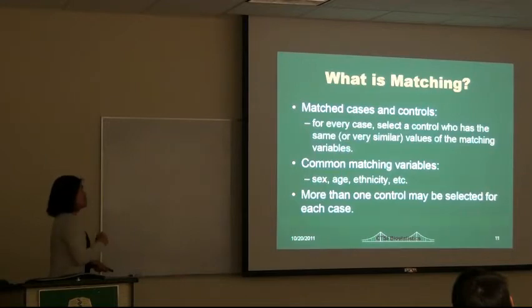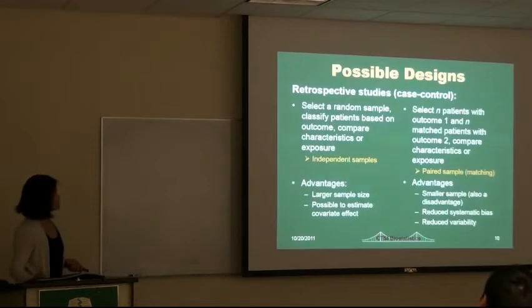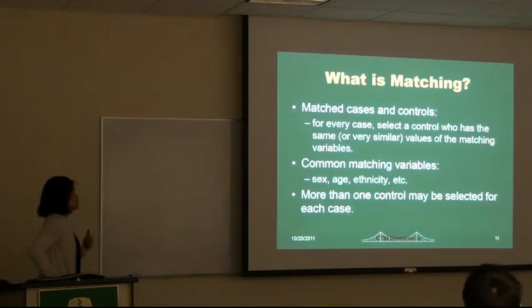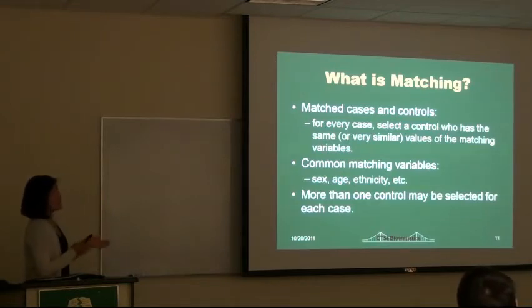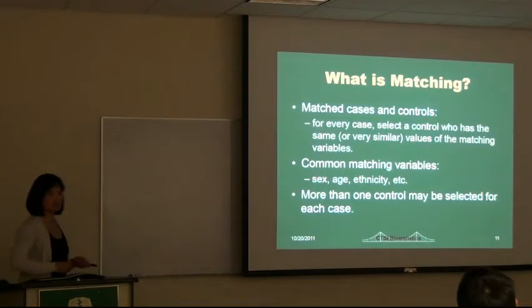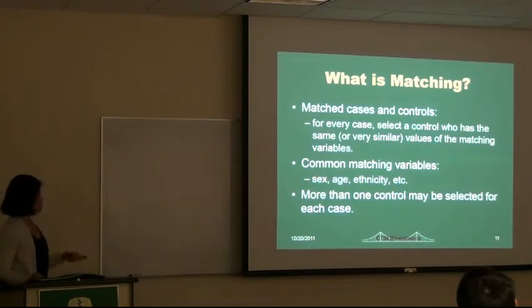So, I said in the previous scenarios, the pair sample comes from matching and is artificially linking the patients. So, matching is for every case you select a control that has similar characteristics, but you can also select more than one control for each case. So, it depends on what the study objective is and how many samples you have.